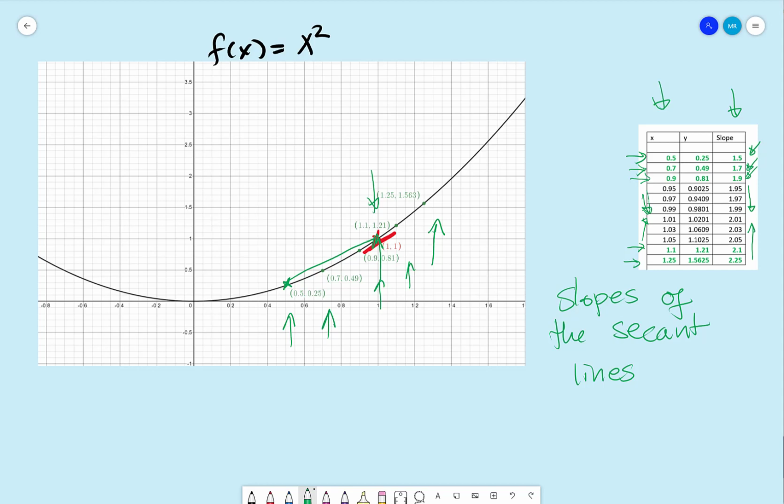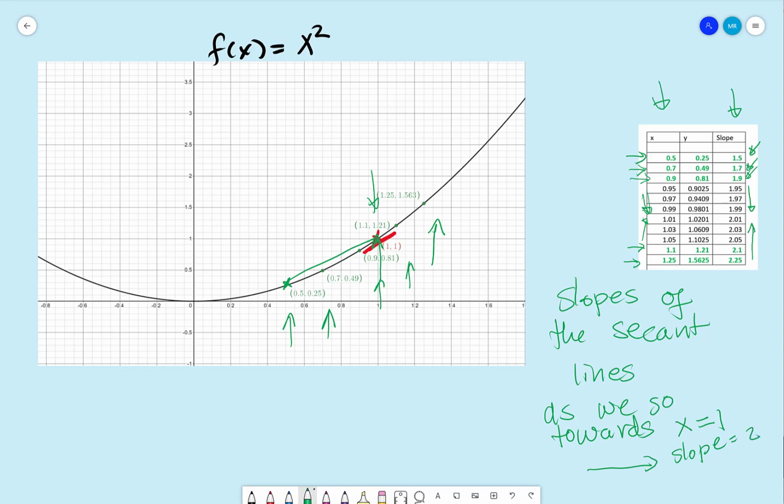So the slopes of the secant lines, as we go towards x equals 1, the value of the slopes goes towards 2.